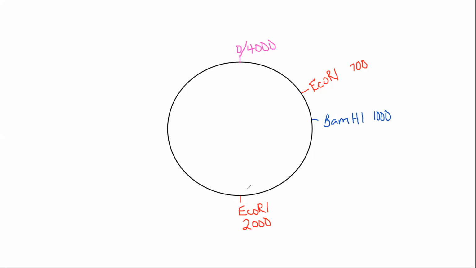Now think about this as a rubber band. If we make a cut here at the red one, right there, and we make a cut here, there are now two pieces of DNA. The difference between 2,000 and 700 means this side of the DNA would be 1,300, just straight subtraction there. And we know that our total size is 4,000.